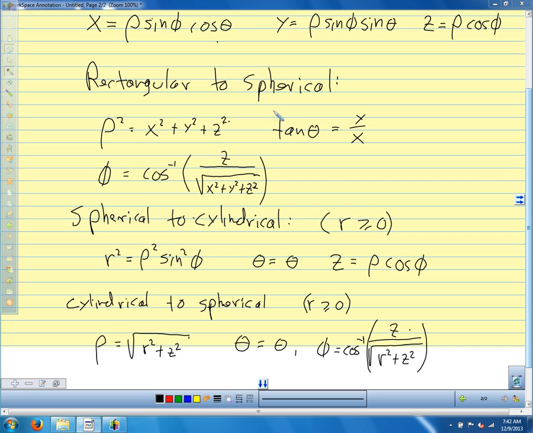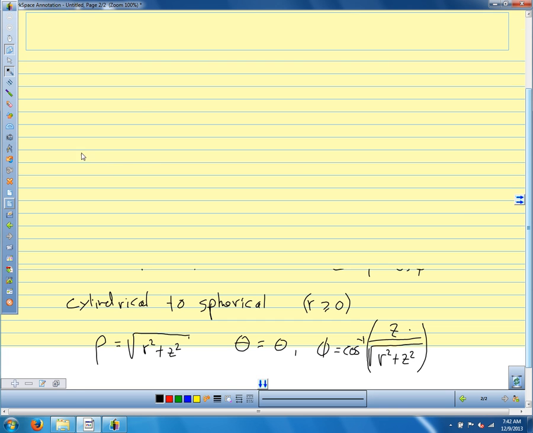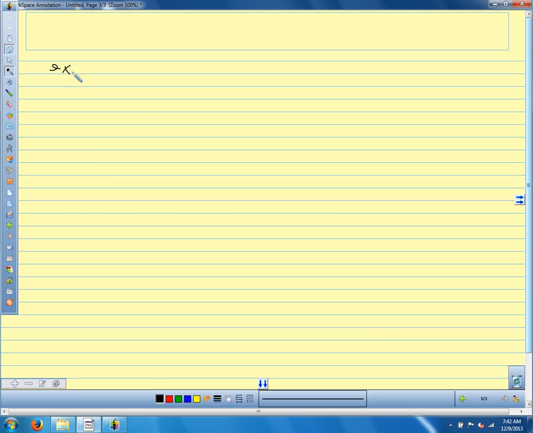Okay, all I want to do is look at a couple of examples of doing some conversions to spherical coordinates and talk about what the surface is. So, we want to convert to spherical.